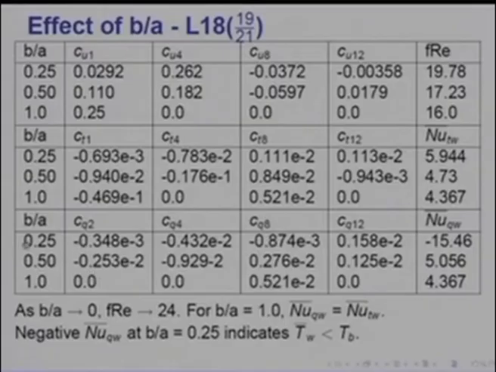Now, the interesting case is that of B by A equal to 0.25, where I have the mean Nusselt number as minus 15.46. All it means is that although the heat flux is finite on the wall and is coming in, the average TW bar is less than T bulk, and therefore you have a negative Nusselt number.